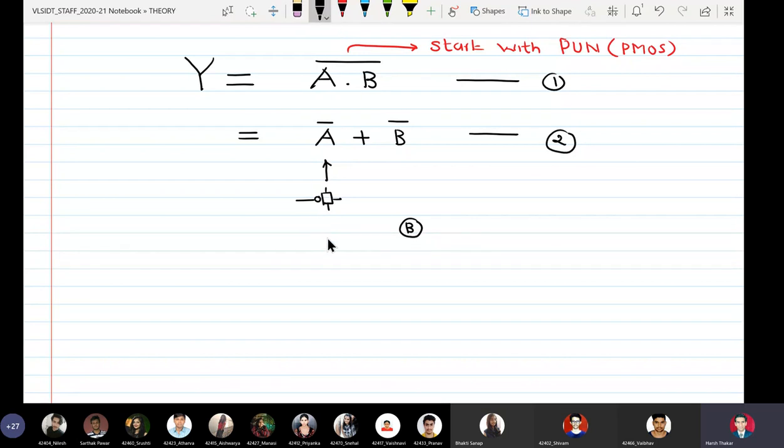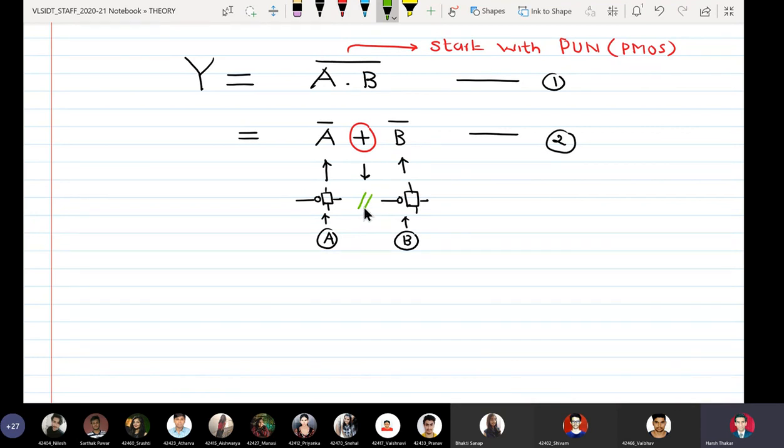If I apply the variable B to another PMOS, then I will obtain B bar. And because there is a logical ORing between A bar and B bar, it indicates that I am supposed to connect both PMOSs in parallel. This is the interpretation. Okay, so parallel.